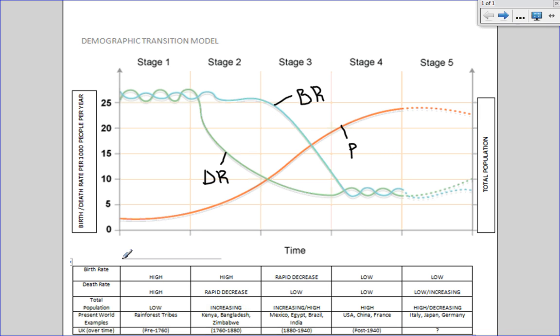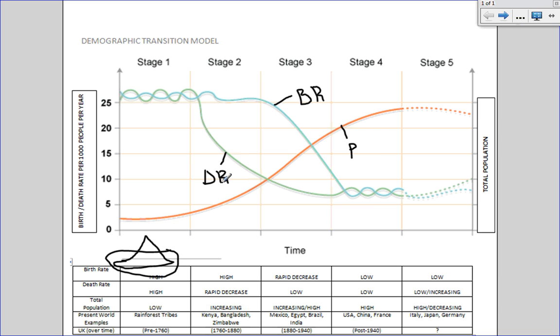The population pyramid of a stage 1 country, or place rather, would look a bit like this, with a wide base. And what this means is that we've got lots of children being born, but because of a low level of medical care, pretty low sanitation and nutrition, kids are dying young, a high infant mortality, and we don't see a lot of people living beyond middle age. In fact, most people dying before they reach that age.